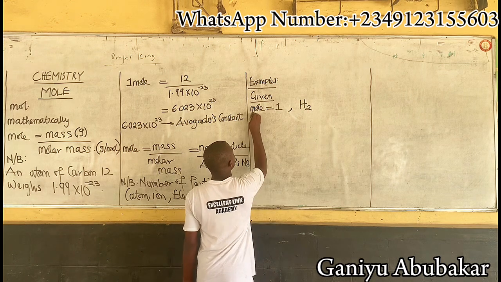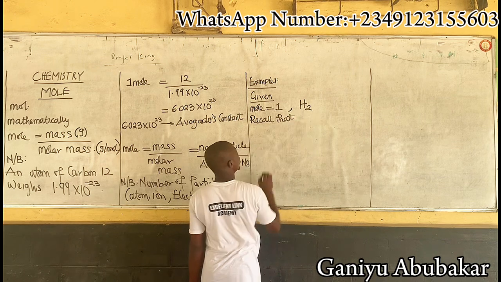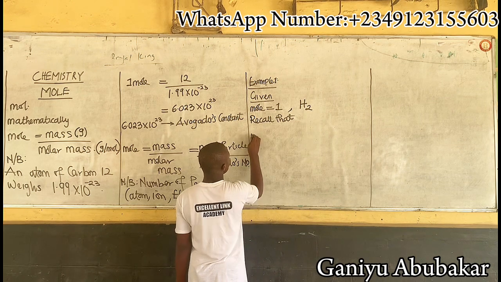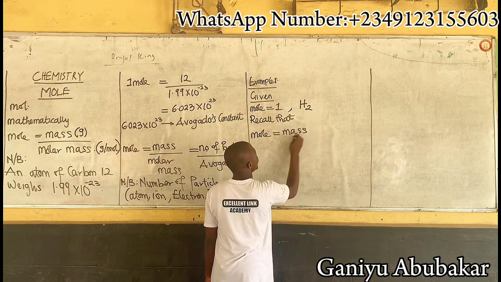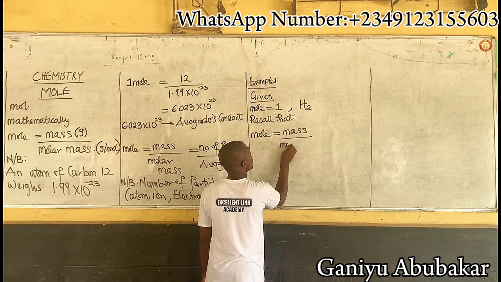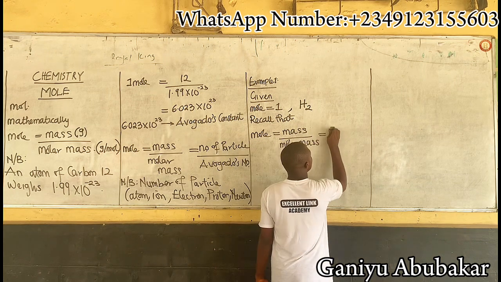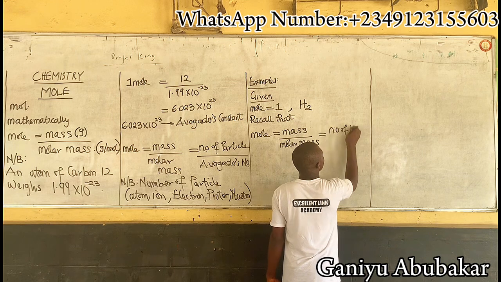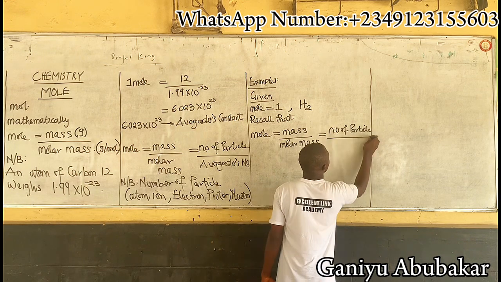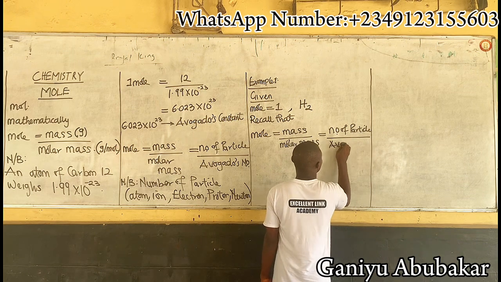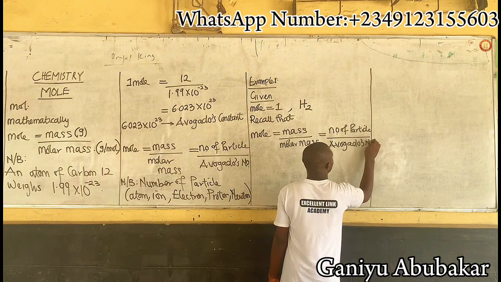So recall that what we know is that mole is equal to mass over molar mass, which is equal to number of particles all over Avogadro's number, right?